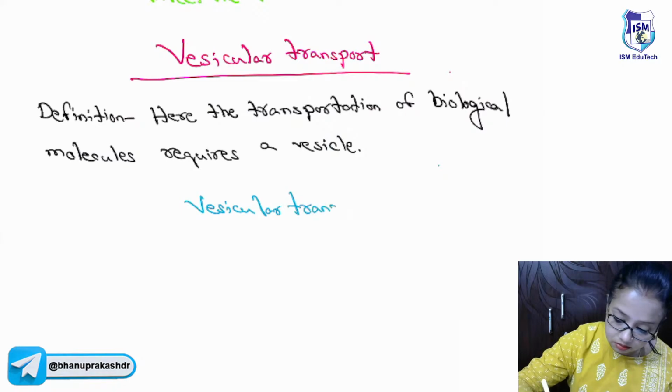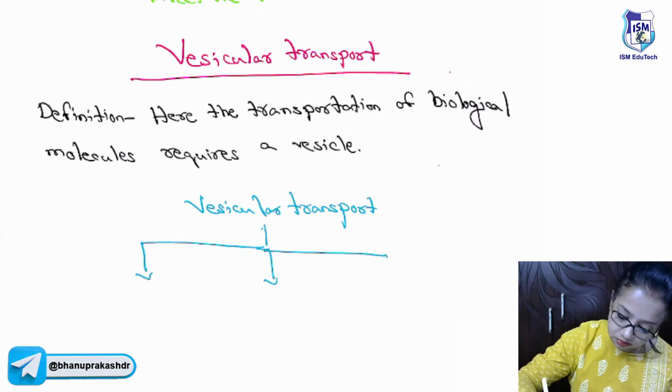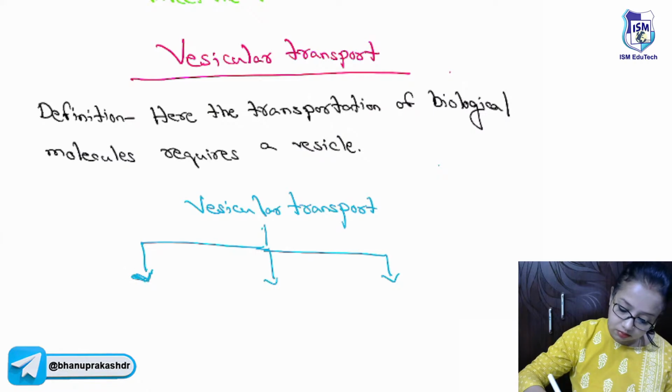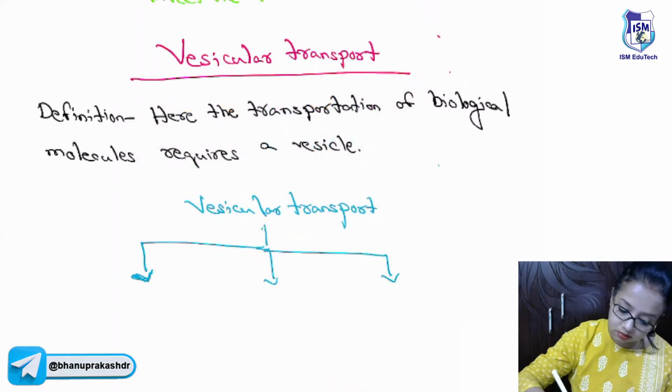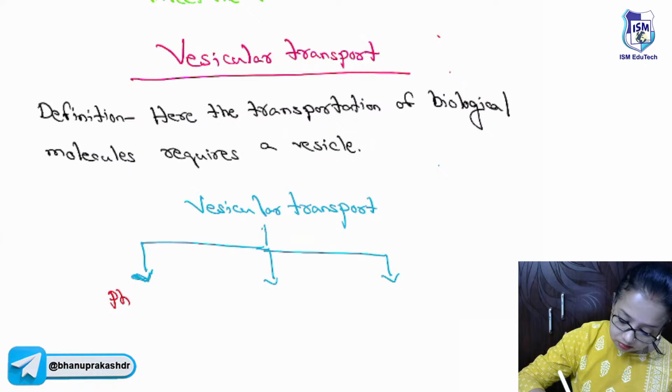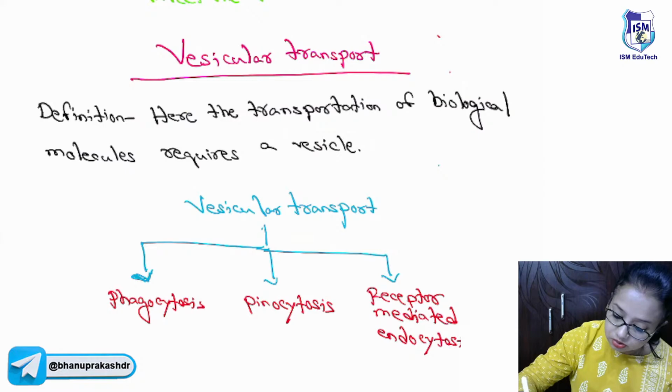Vesicular transport is of three types: phagocytosis, pinocytosis, and receptor mediated endocytosis.